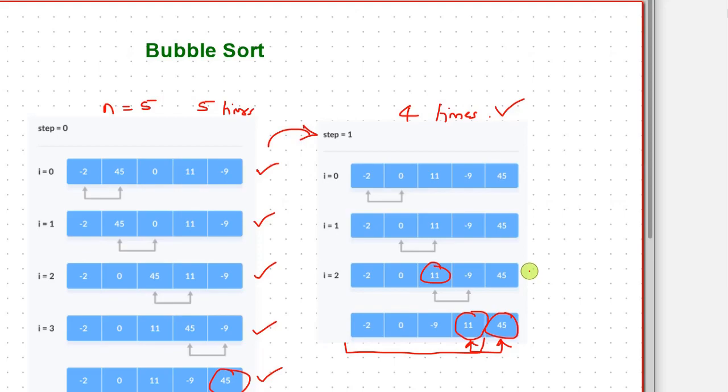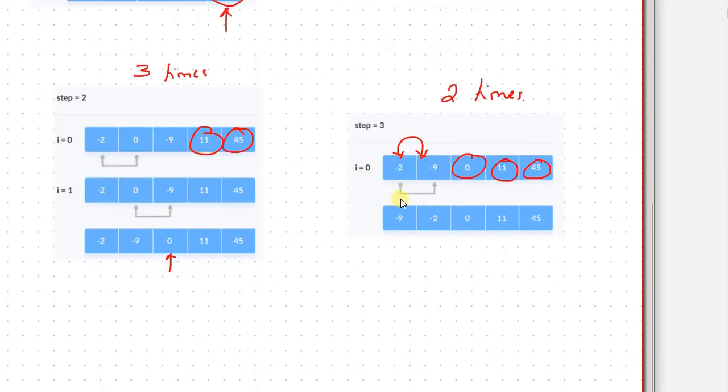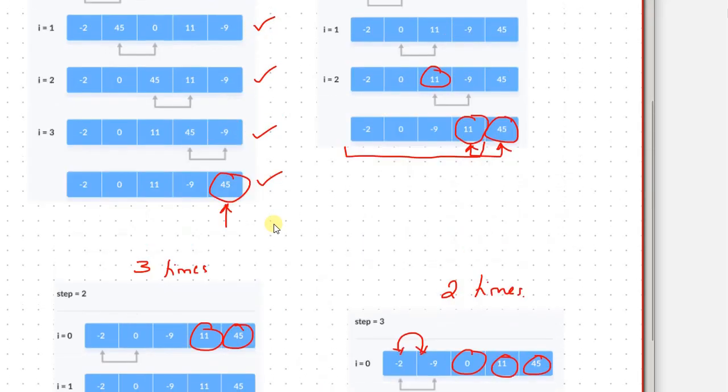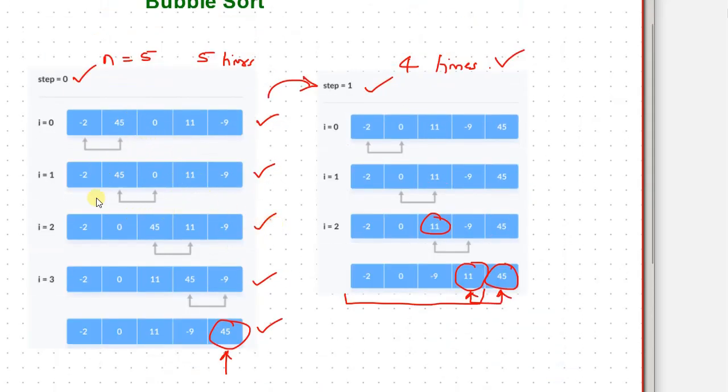Now I hope you have a basic idea of how bubble sort works, and now we have to think about the loops that we require. We had this outer loop: step 0, step 1, step 2 and step 3. So when we had n equal to 5, we had an outer loop with 4 iterations. Within each outer loop we repeat these steps.